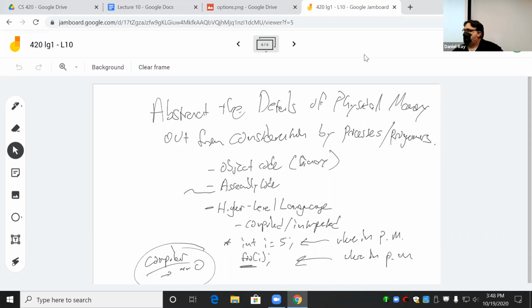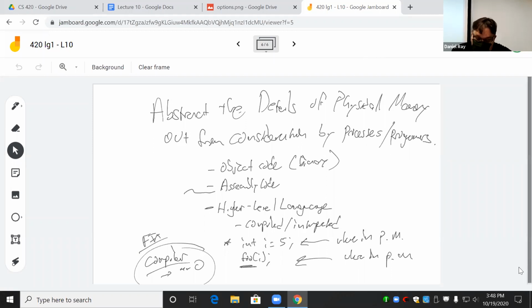The instructions point to addresses that are wrong. Okay, does that make sense? Yeah? So this is something that we have to fix, and it's the operating system's job to fix this. And how we fix it, well, there are several different methods. Okay?